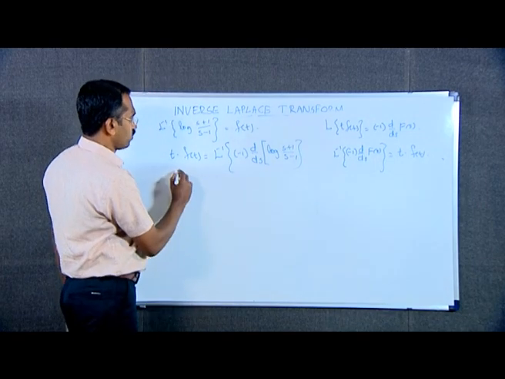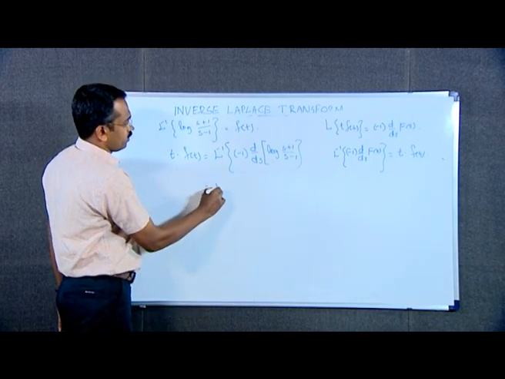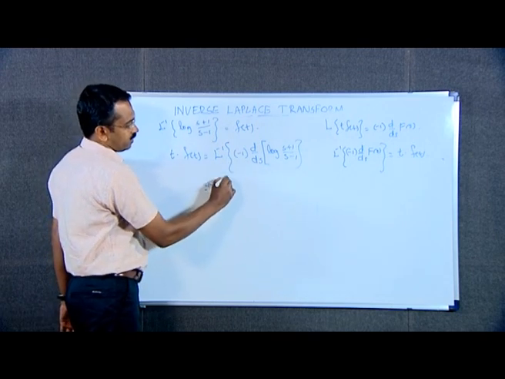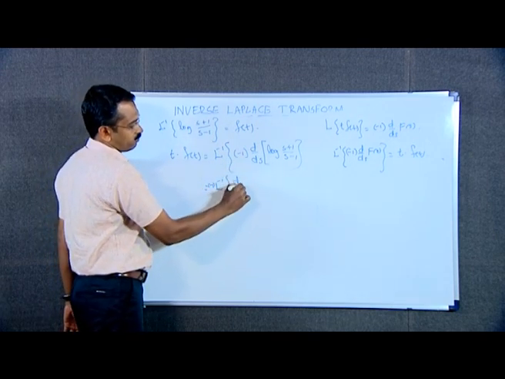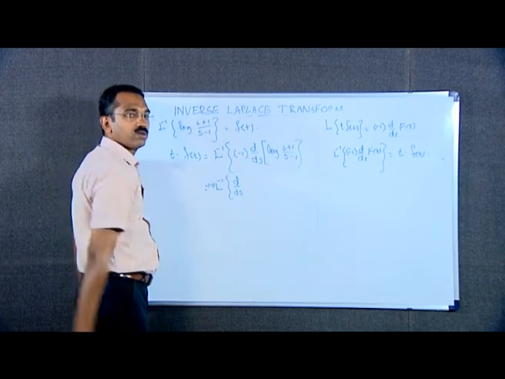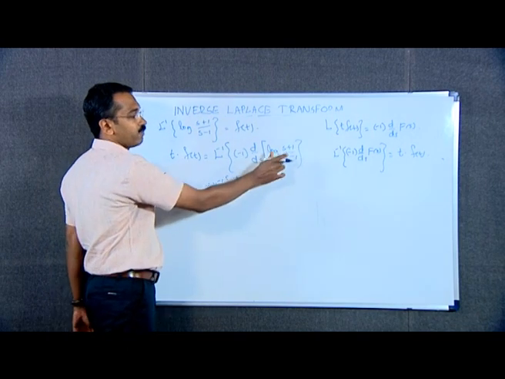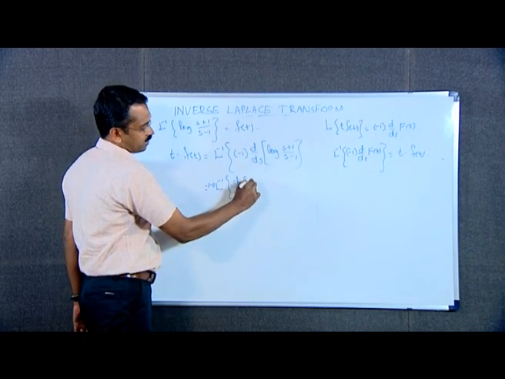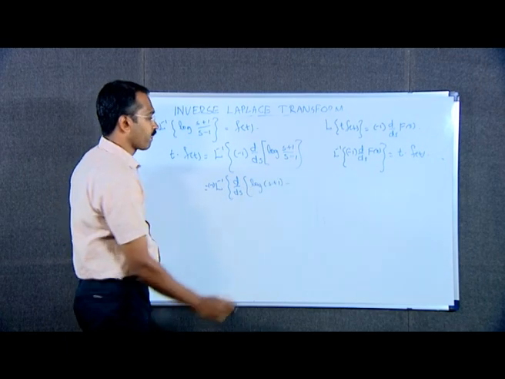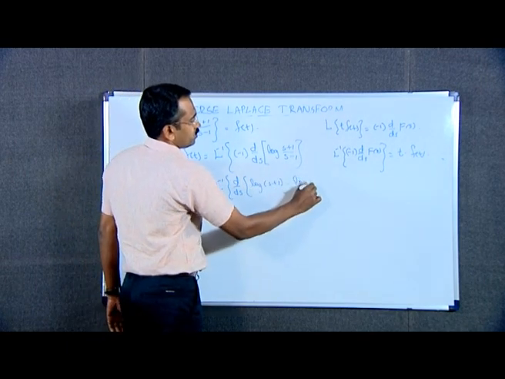That's equal to minus 1 into L inverse of d by ds of, here we can use logarithm of a by b equal to log a minus log b, that is d by ds of log of s plus 1 minus log of s minus 1.